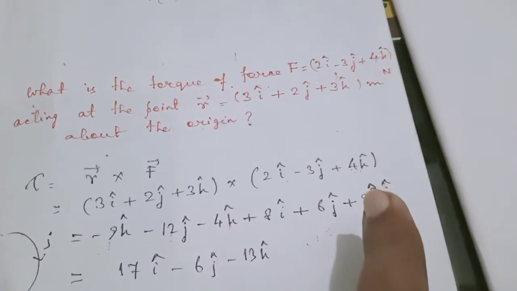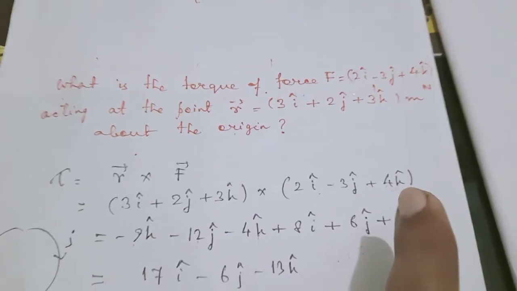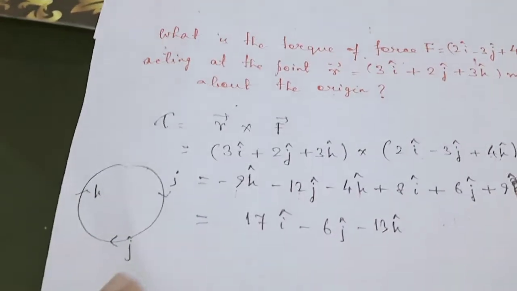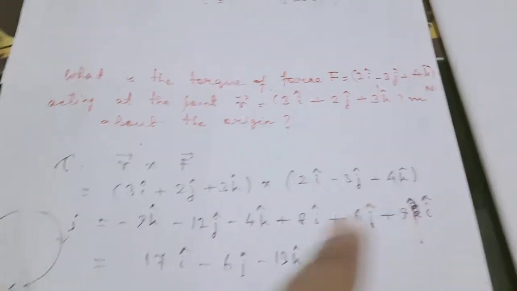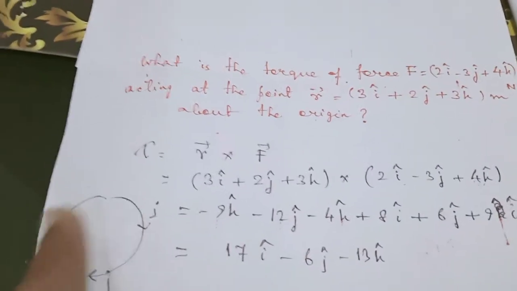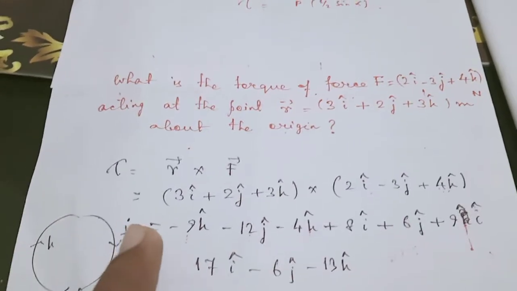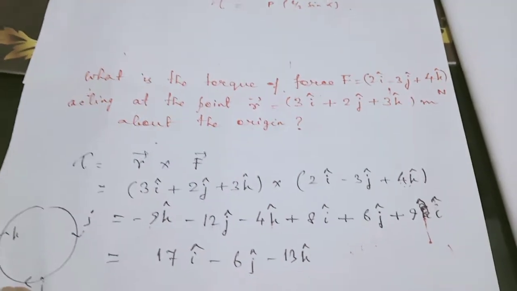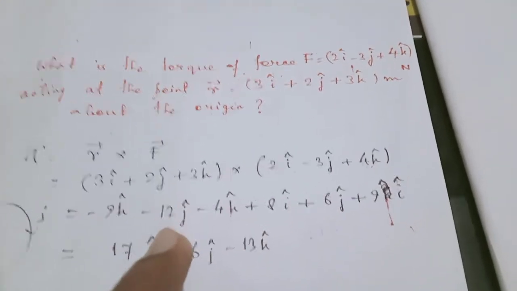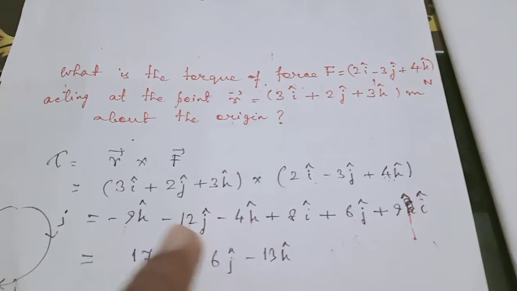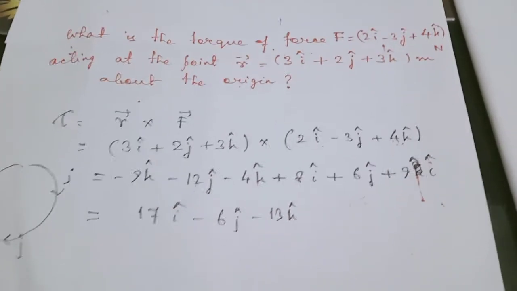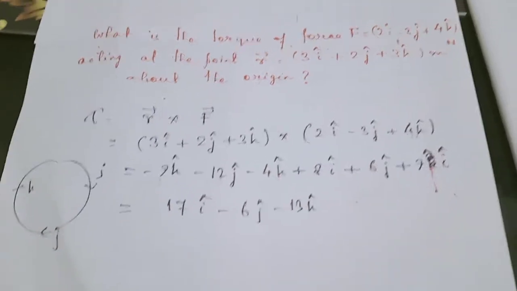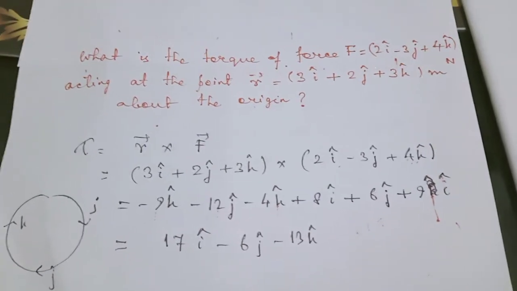Again 3i into 4k is 12, and i cross k, taken in the reverse direction, will have a negative sign: i cross k is j, but the sign will be negative, so it will be 3 into 4, 12, with a negative sign, j. In this way the multiplication has been performed and then simplified. So this type of problem will be solved in this manner.